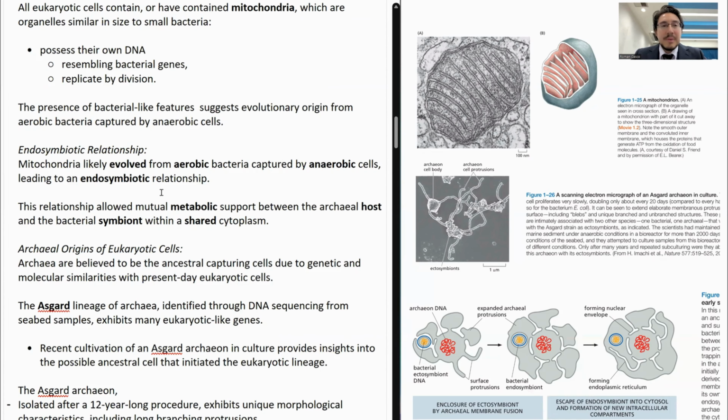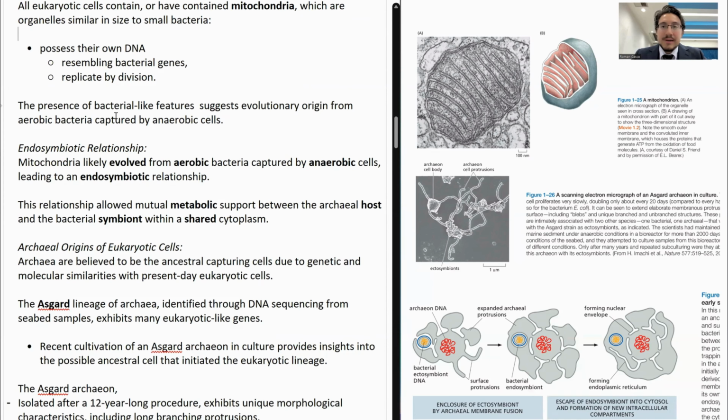So these bacteria-like features gave scientists insights into the evolutionary origin of eukaryotic cells. And these bacteria-like structures suggest an evolutionary origin from aerobic bacteria that were captured by anaerobic cells.